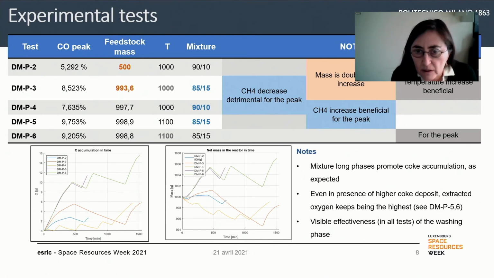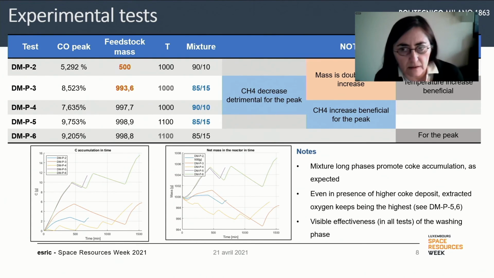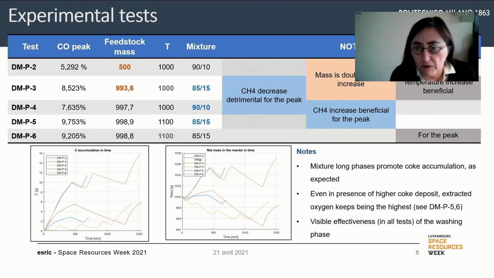trend. So it's the mass in terms of carbon deposit inside the main reactor, and the overall net mass with respect to what we have as a solid inside the main reactor. Of course, depending on the mixture, there is an increase of the net mass for the deposition of the carbon.